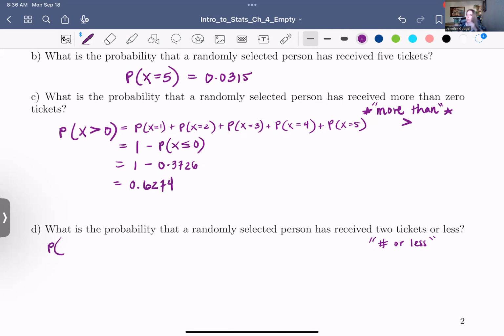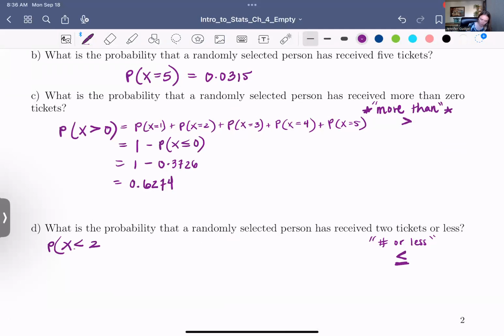You say, yeah, 2 tickets or less. That's 2 or less, meaning that we will have a number smaller, so a less than sign, but also or equal to, because it could equal that value as well. So the random variable, the number of tickets we're looking at, needs to be less than 2, but it could also equal 2, less than or equal to 2.